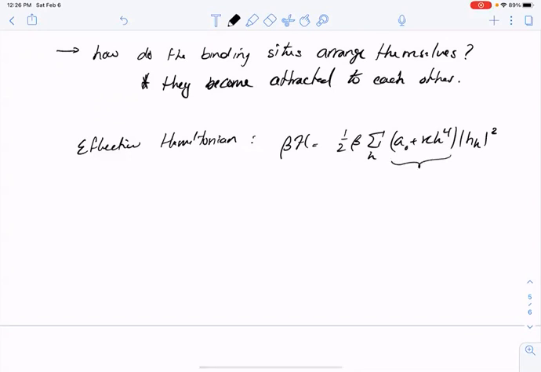And again, this is our inverse correlation function. Let's include in that beta.